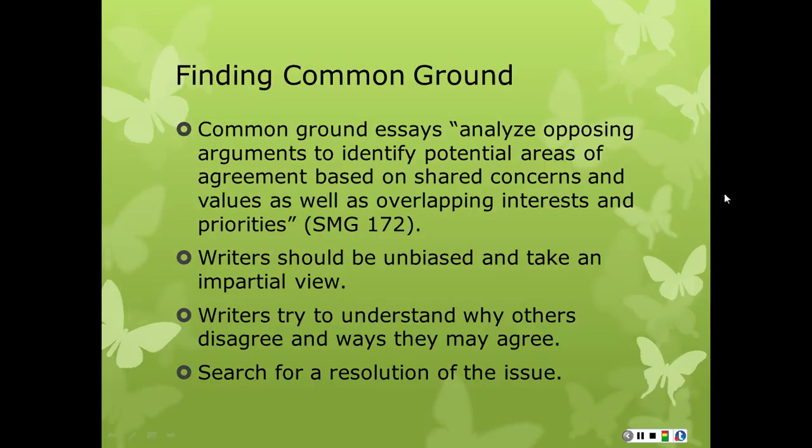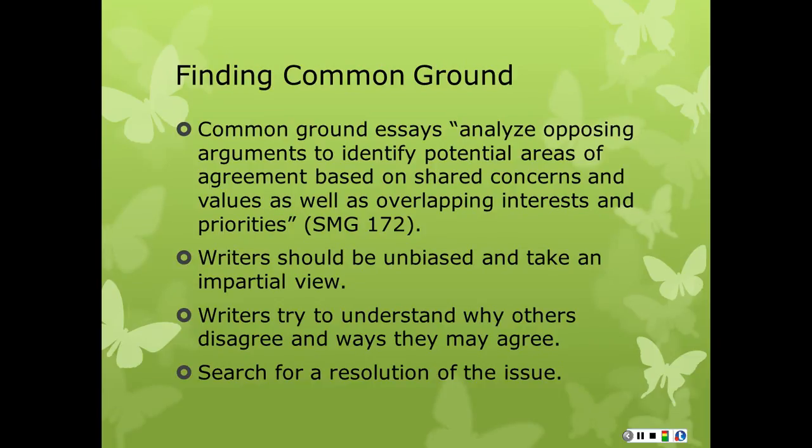Okay, so if you would follow along, we are on pages 172 and 173 of St. Martin's Guide. A Finding Common Ground essay or paper is basically where you analyze opposing arguments to identify potential areas of agreement based on shared concerns and values, as well as overlapping interests and priorities.